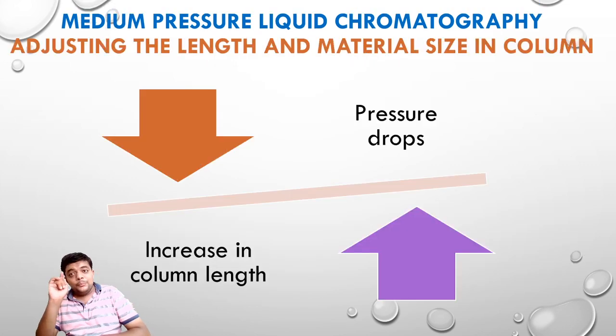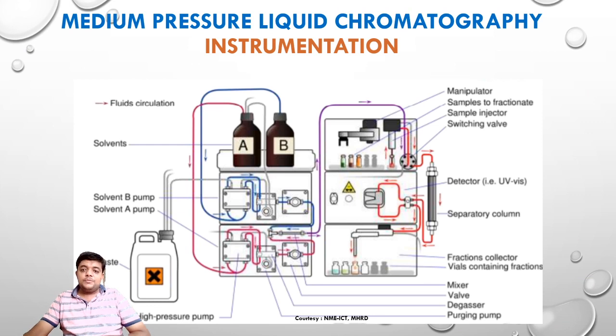I can show you here in this figure. See, from the column when it comes out, it goes into the detector. Here it gets detected and goes towards the fraction collector. Here, if I do not want to allow the complete sample to go into the detector, I can keep a splitter.